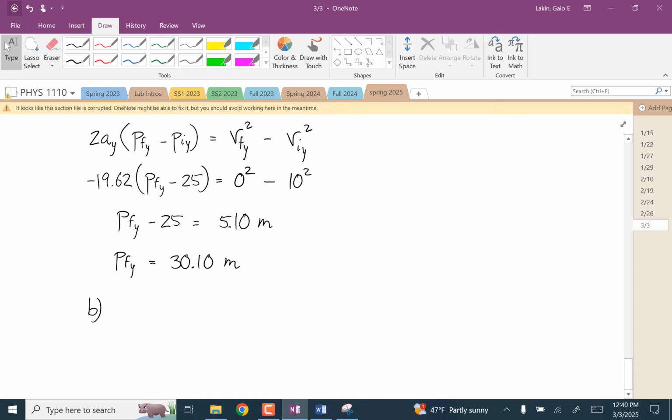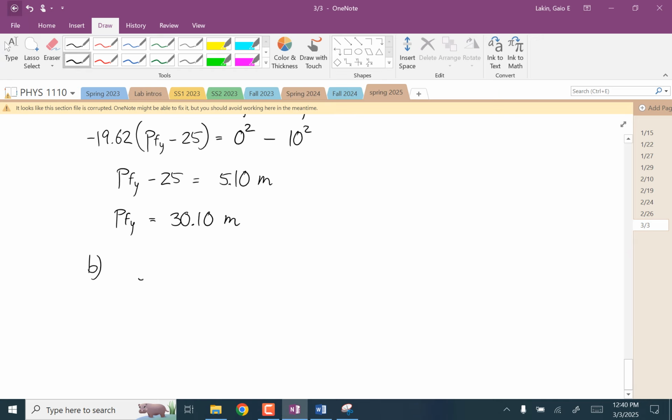We can keep the same time equals 0, but the time final we have to change, because now we're trying to figure out something later than the time final we chose before. So our time final is going to be the instant just before it hits the ground.